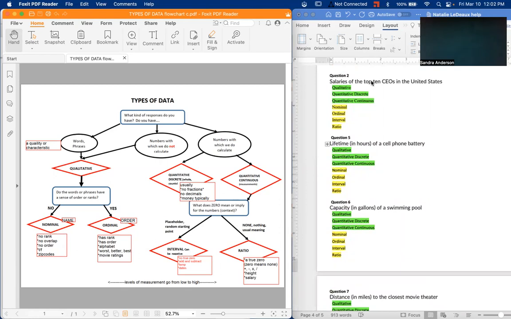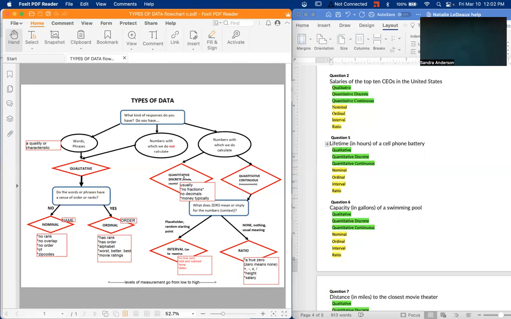Okay, salaries of the top 10 CEOs in the United States. That's a number. So we want to choose quantitative discrete or quantitative continuous. Since it's money, it's typically going to be discrete because you can count it and it stops with the number of cents on the end of it, if it has cents or not.